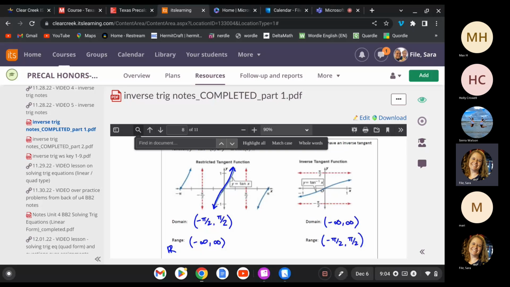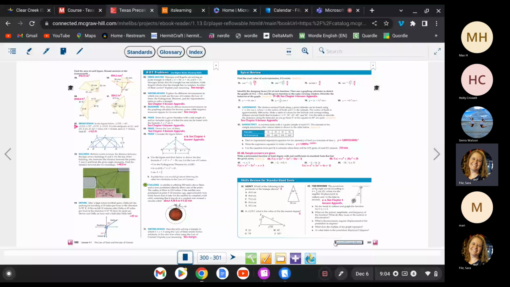Okay, so those were just looking at, I already forgot the page, I think it was 299. No, 289. Back to those.